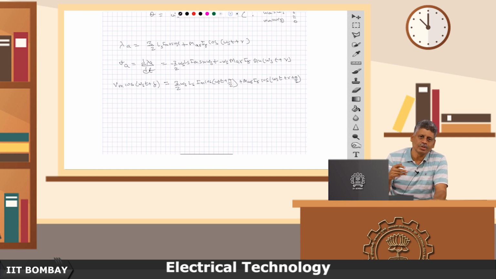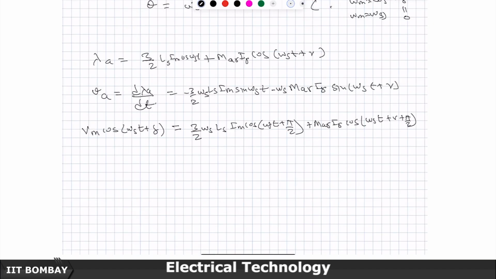I will do it using complex numbers and Euler's identity. First thing I am going to do is call this 3 by 2 omega s Ls the synchronous reactance of the machine, and I will call it XS.